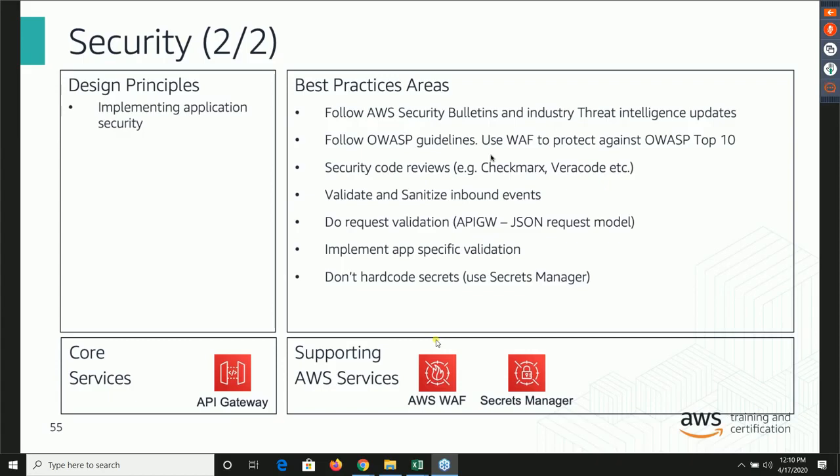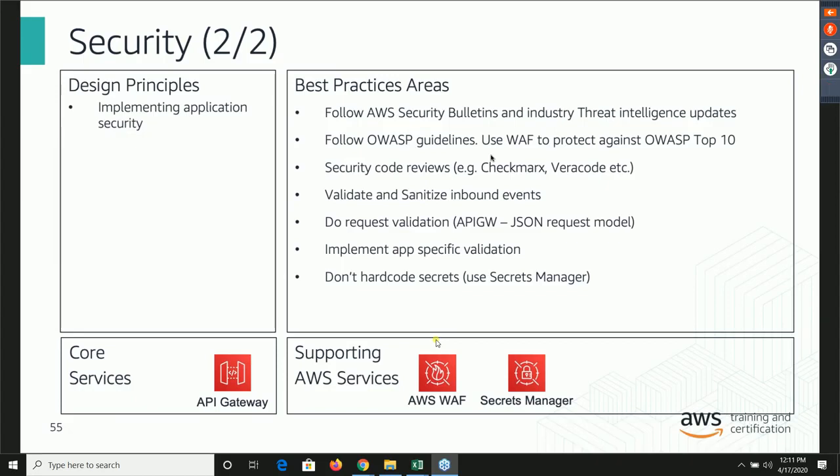Right, now one of the things that does happen is that when you're getting a request onto your API gateway, you might have requests that are malformed, or they may not be conforming to the request types you're expecting. So in API gateway, you can define a JSON request model, and you can validate that incoming requests conform to that particular structure, so that you do not pass any unintended malformed data back to your backend APIs.